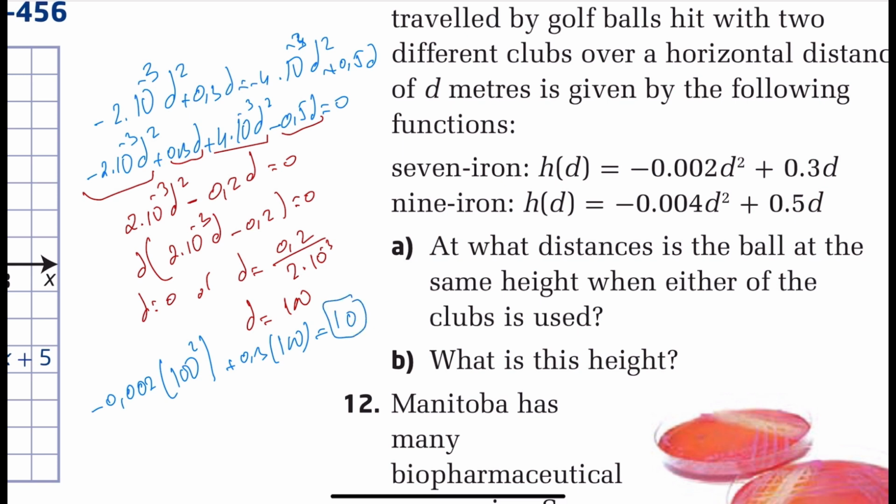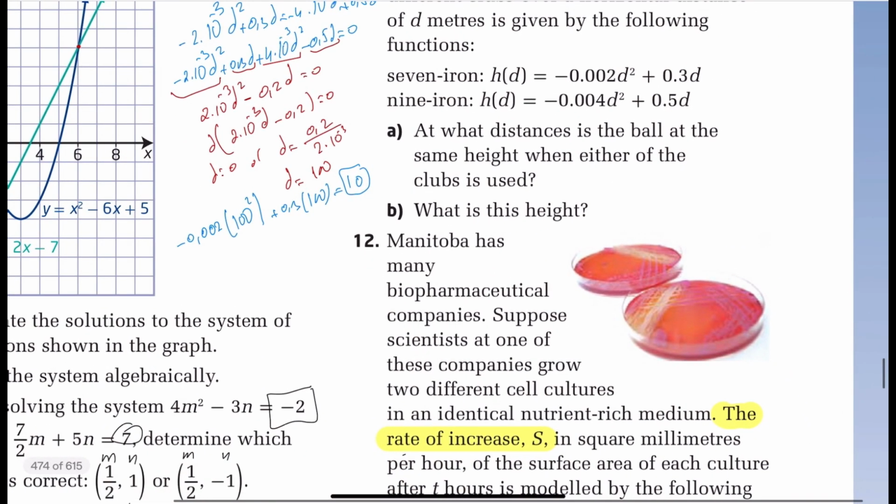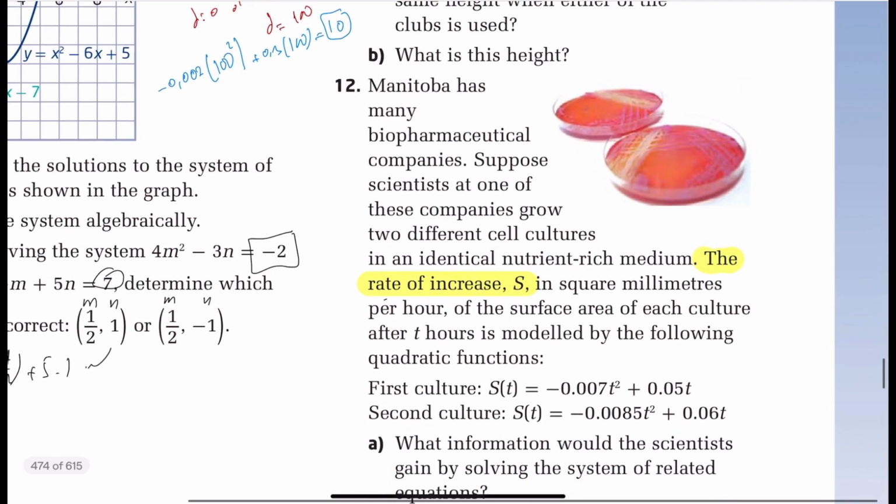So you get 10 meters. So when the distance is 100 meters, the height of the ball is 10 meters for either golf club. So for this question, let us look at question number 12.